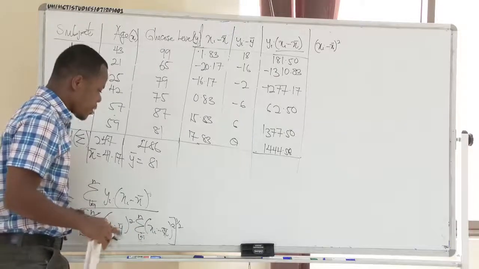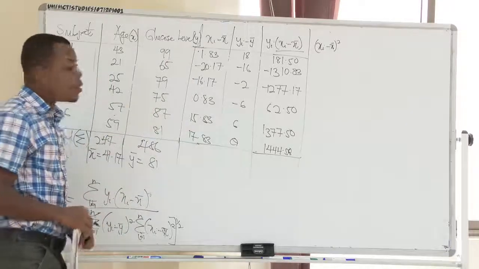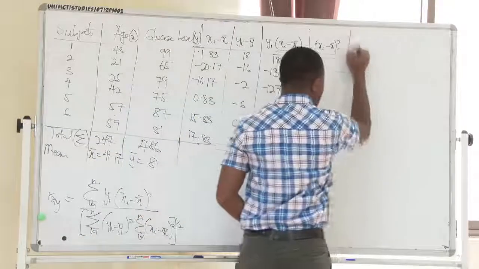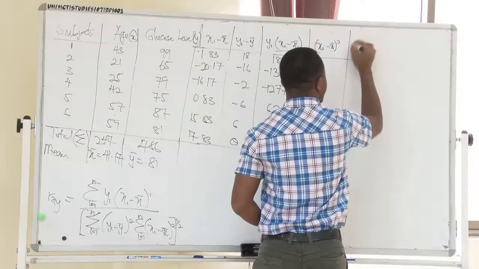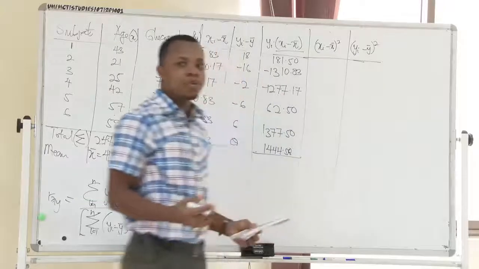After that, we are going to sum all this, just to calculate the total for each column. So after this is done, we also have to estimate our xi minus x bar squared, and we are done with our calculations.